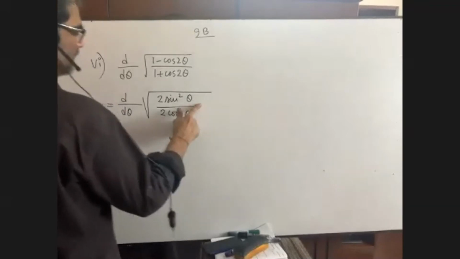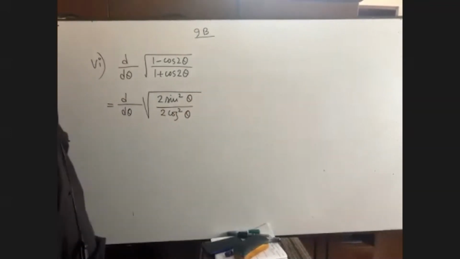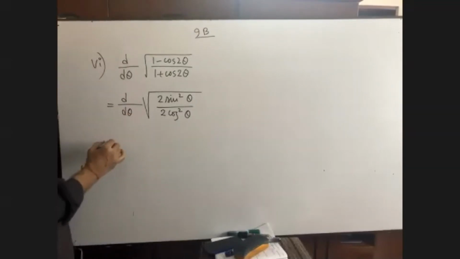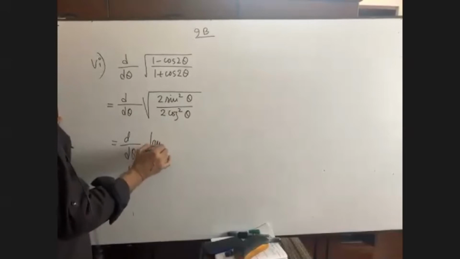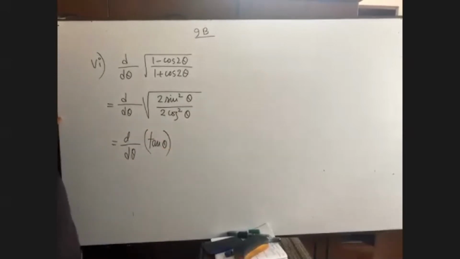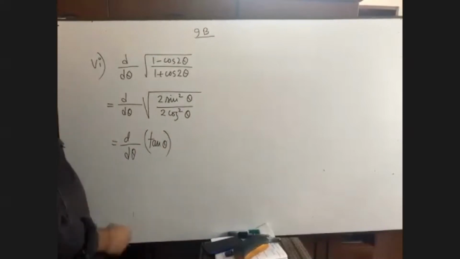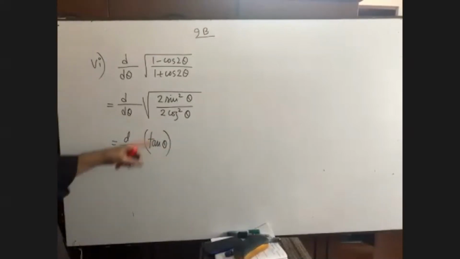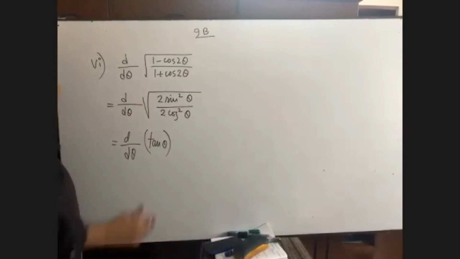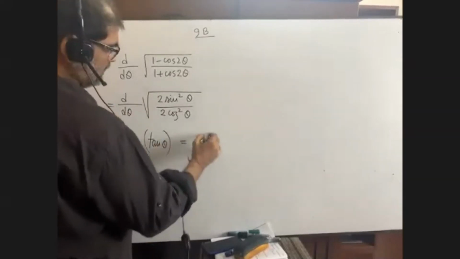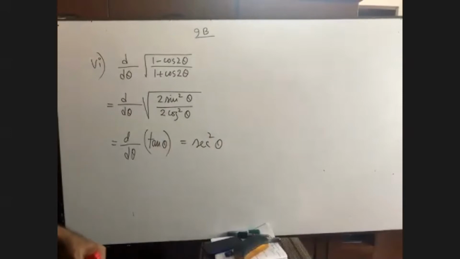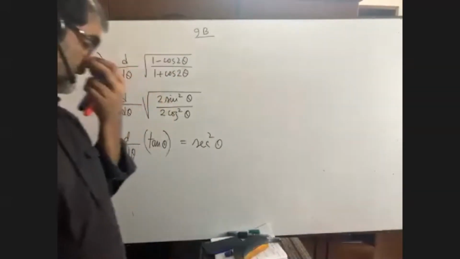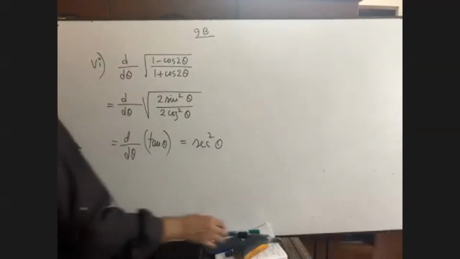Is it? Yes, sir. Now we can write here dy by d theta. It is what? 2 will be omitted, only tan theta. It will be tan square theta. That means tan theta as it is a square root. So formula tan theta equals what? Sec square theta. Okay. Very easy and simple. Yes, sir. Okay, that's good.